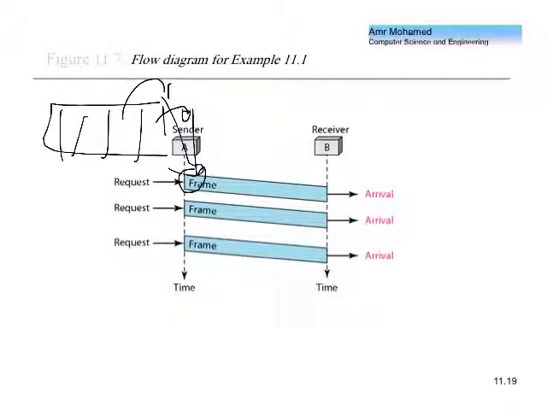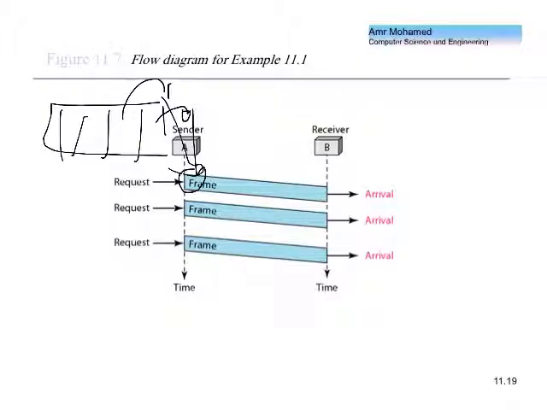Or even if the channel or the pipe can get the flow of water, maybe the other side cannot consume the water with the same speed, in which case again the receiver will consume the frames that it can absorb, and then it will not process the rest. Okay. So the simplest protocol has an obvious problem that if the sender is sending these frames very fast, then the receiver cannot cope with it. In other words, the simplest protocol does not have any flow control.